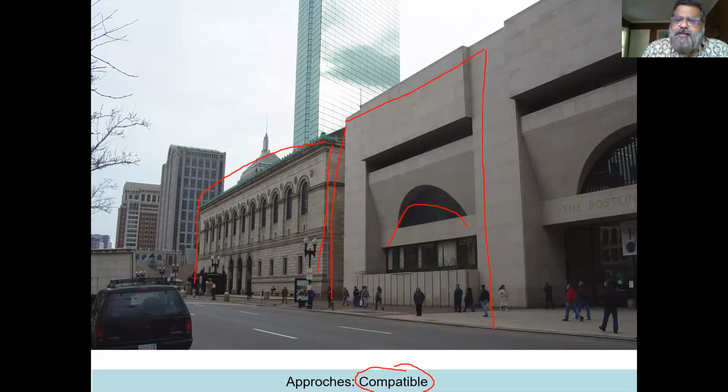So it is a classically derived modern interpretation of the 20th century library, right? You can read more about it. Instead of the narrow arches of the original, there are three large bay arches. And some have argued that it is an inverse of the original plan. So there are multiple ways you can address or respond to a historic context and weave in your adaptive reuse. Here, the use is much the same.